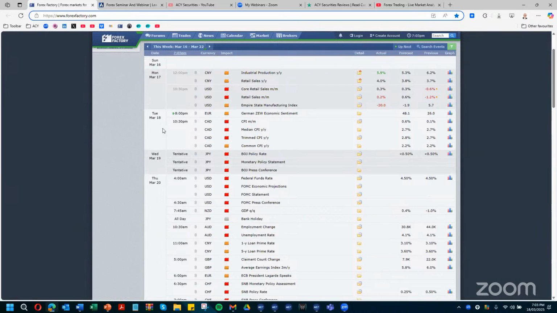Coming up this evening at 10:30 p.m. my time, Canadian CPI data, median trimmed, coming out. So Canadian crosses could be volatile as we get the inflation figures coming out from Canada.